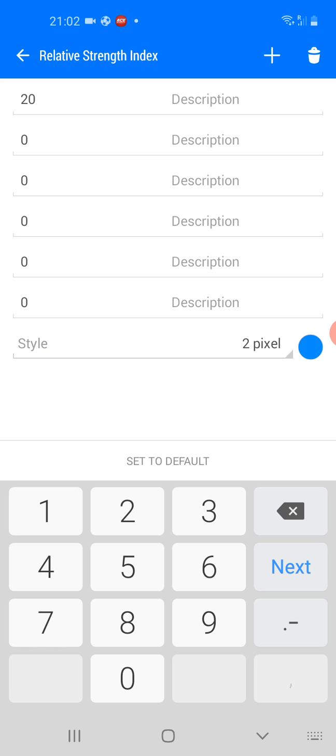So don't bother about the order you are typing them in. So 30, 50. Just type the numbers the same way I'm typing them, because it will help you understand and make proper use of the strategy the way I'm teaching you, or the way I'm using it too. This is 70, this is 80.